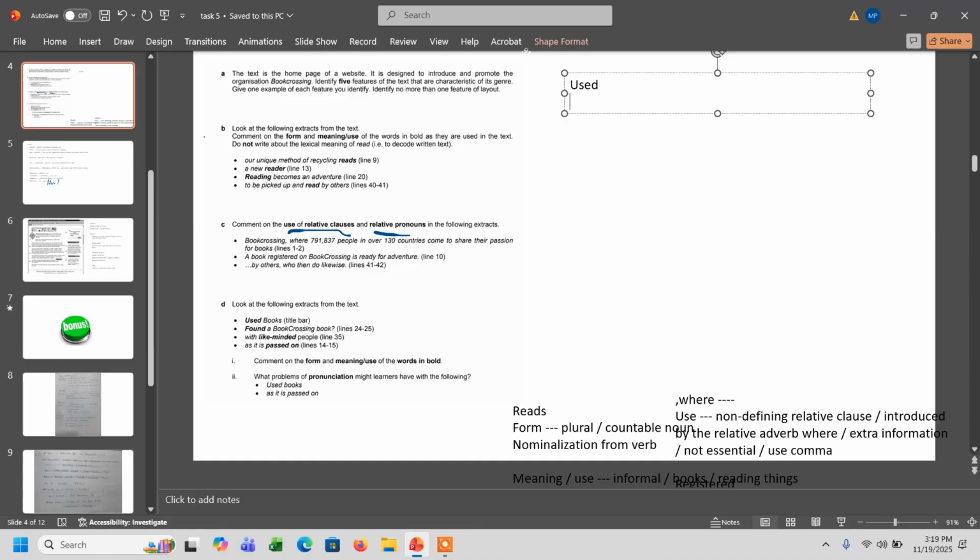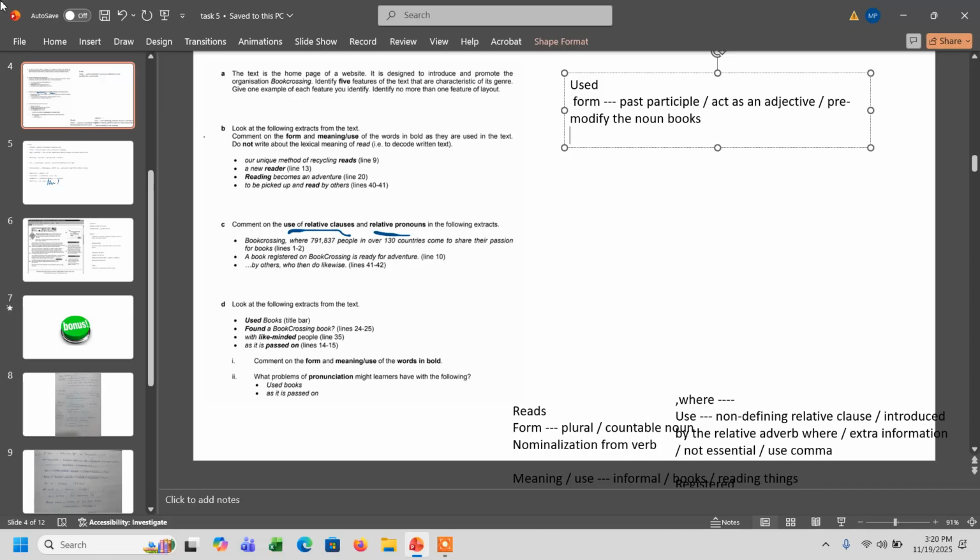Number D, used. Used is, we have to check the form again. So used is a past participle, right? Used book, so it is added as an adjective to pre-modify the noun books.